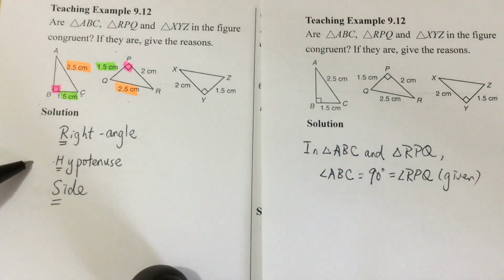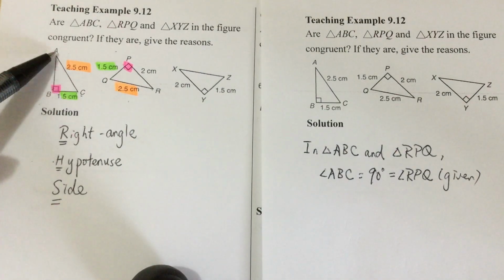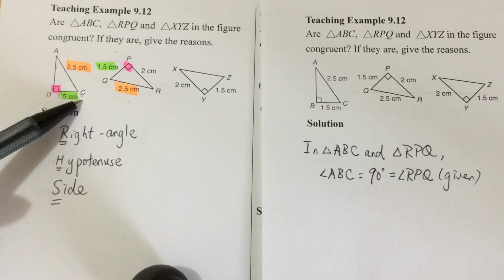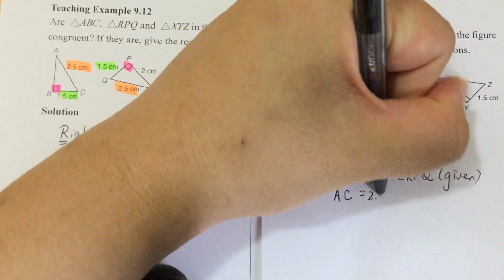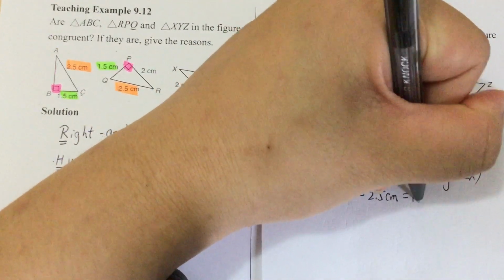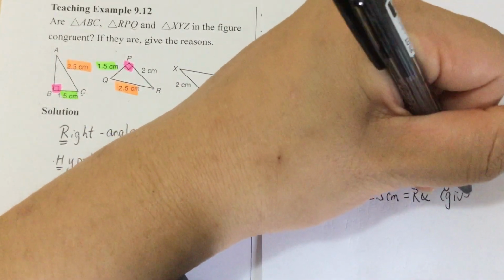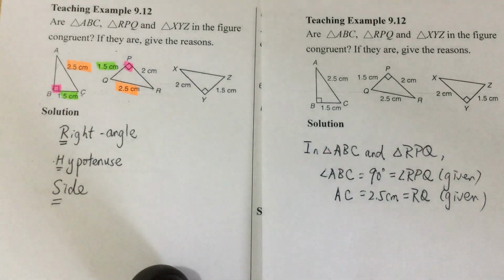The next one is the hypotenuse, the longer side: AC will equal RQ. So AC equals 2.5 cm equals RQ, given. This is the second one.